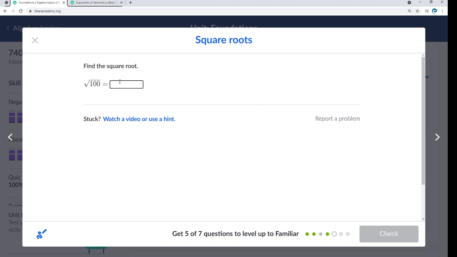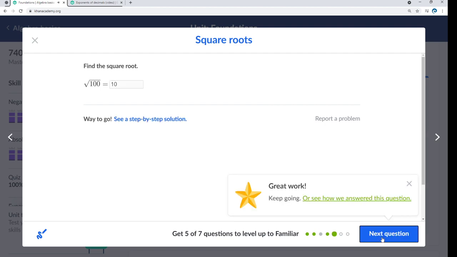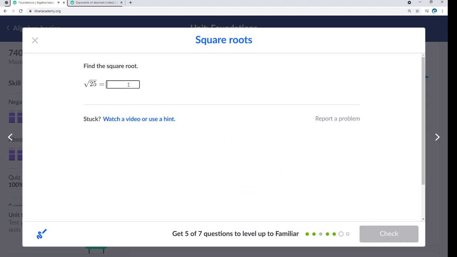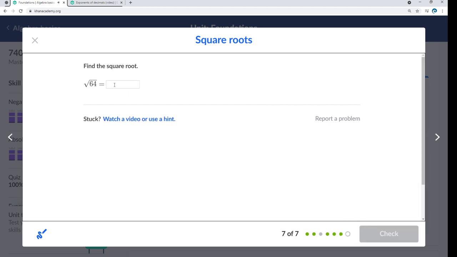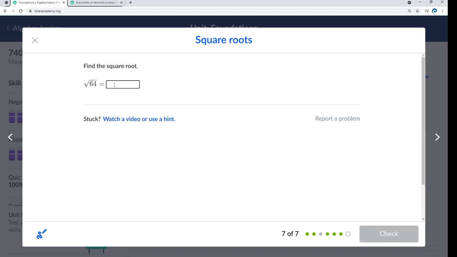It's 10. Square root of 100 is 10. And we did this one before. Square root of 25 is 5. Woo! Familiar. Okay. And then I have one more. 64. That was 8, right? Pretty sure that was 8.